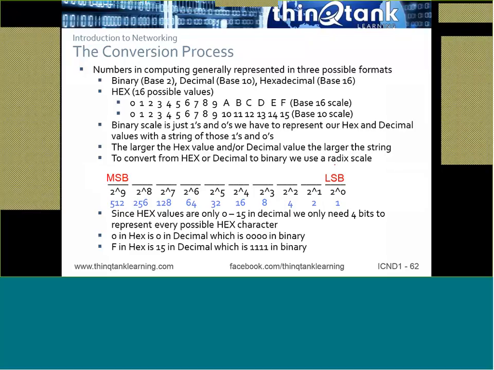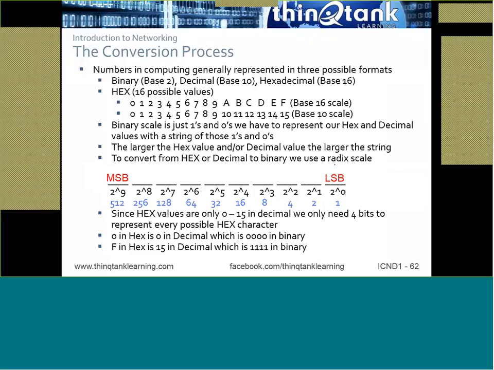All the bits turned on is always one less than whatever the next column is. The next column is 1024. So all these bits turned on would be 1023. If you look at the 32, everything to the right of 32 turned on is 31. If you look at the 64, everything to the right of 64 turned on is 63. Okay?